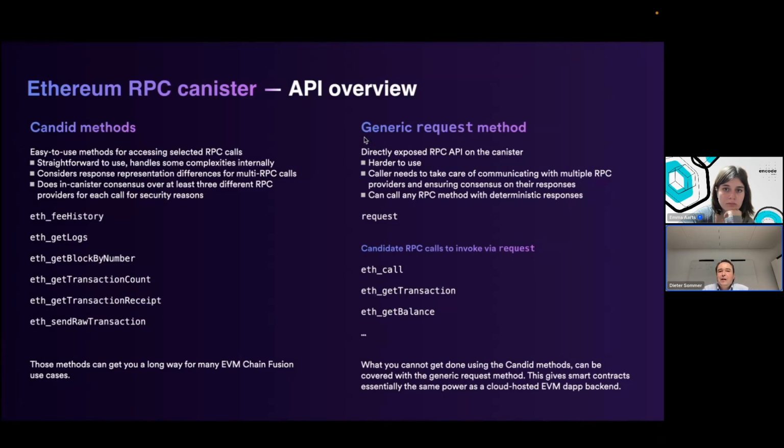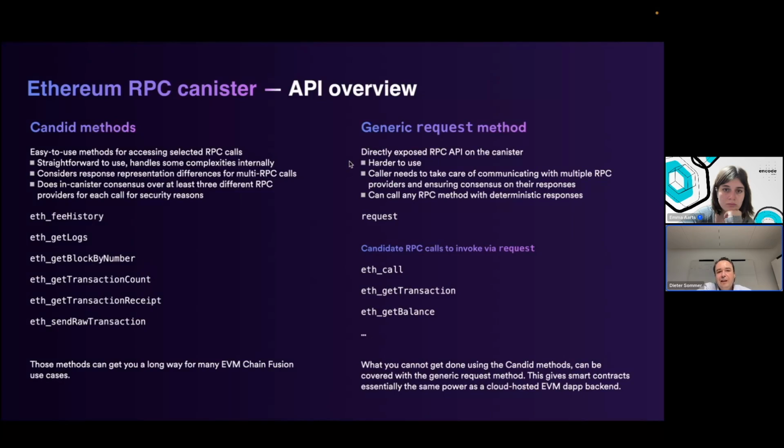This is more low level. Essentially it exposes one method, which is request, and this is essentially making a JSON RPC request to one specific RPC provider. It's harder to use because if you want to query multiple RPC providers to be sure that not all of them are lying to you, you need to do this manually.